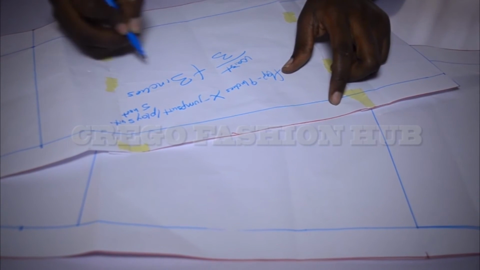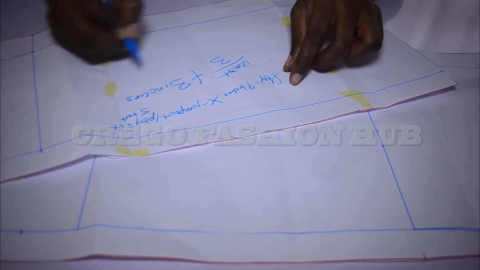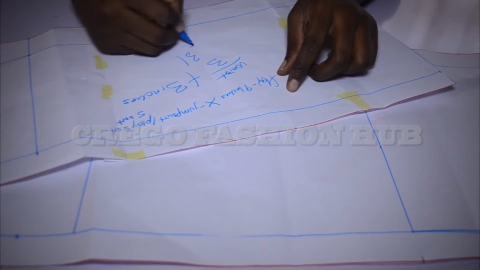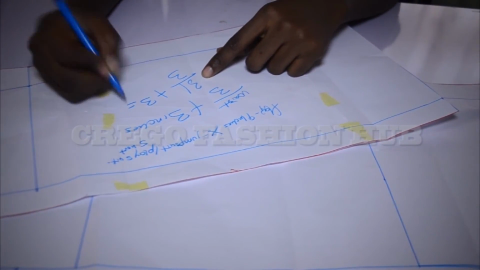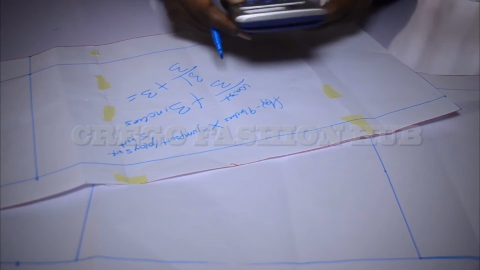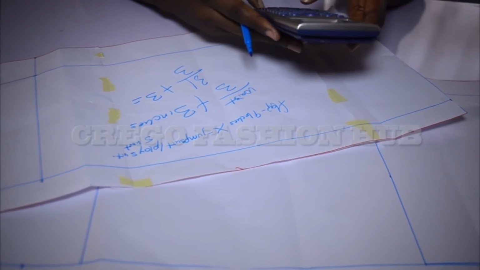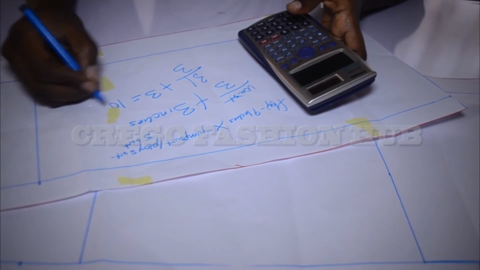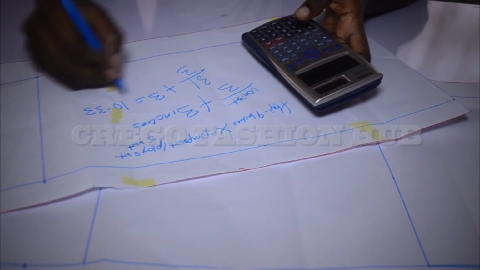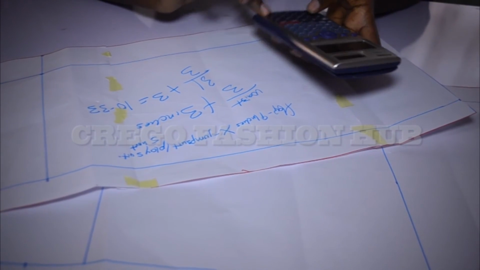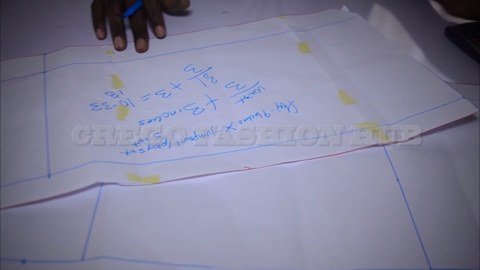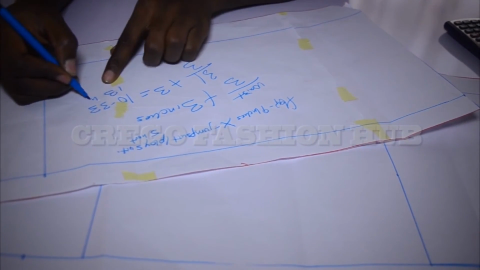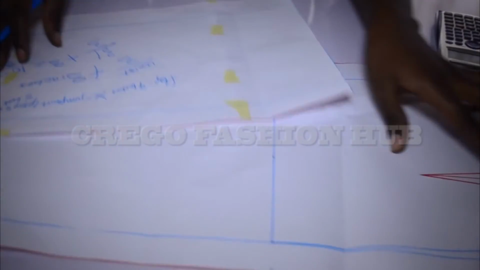So I will have a flap of 31, which is my waist, divided by 3, plus 3 inches, and I am just going to use a calculator to do that. That's 10.33, then plus 3, that gives me 13. So I am going to use 13 inches for my flap here.